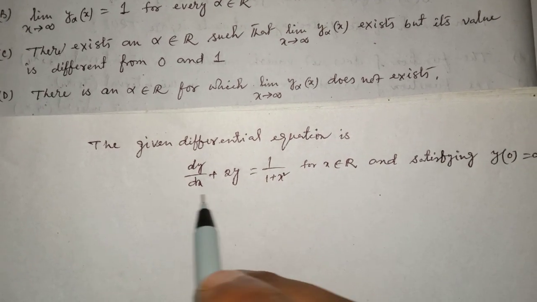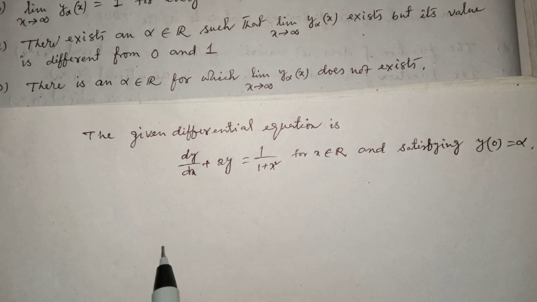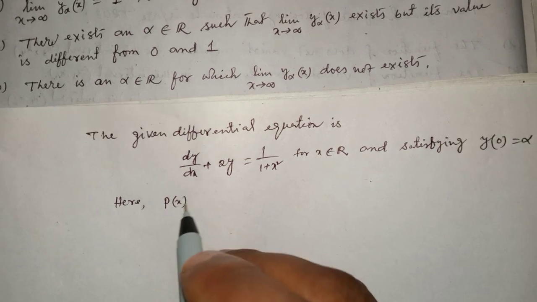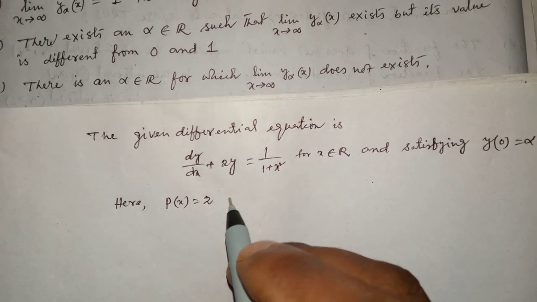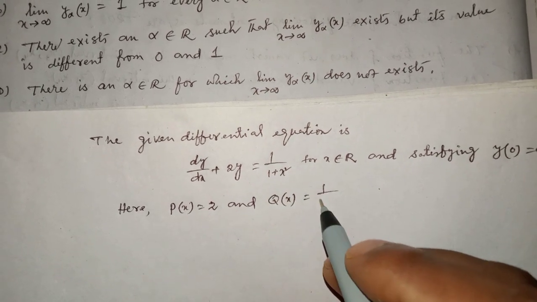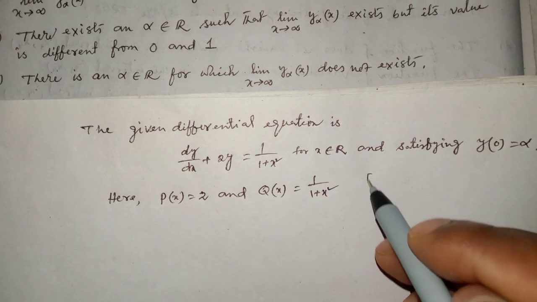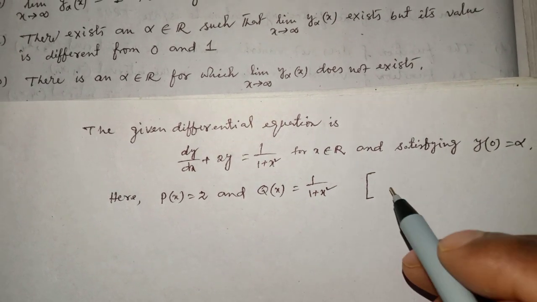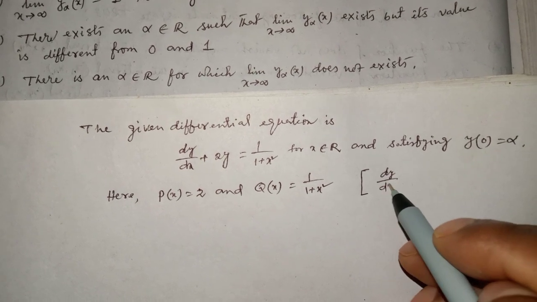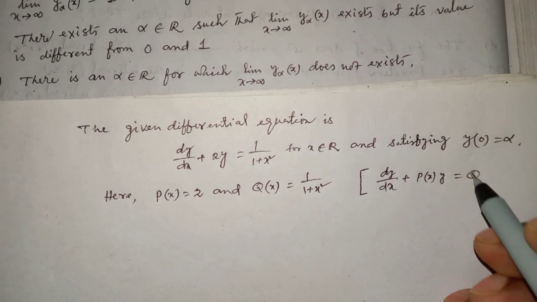This differential equation is a first order linear differential equation. So here p(x) is equal to 2 and q(x) is equal to 1 by 1 plus x square, because the standard form of first order linear differential equation is dy by dx plus p(x)y is equal to q(x).